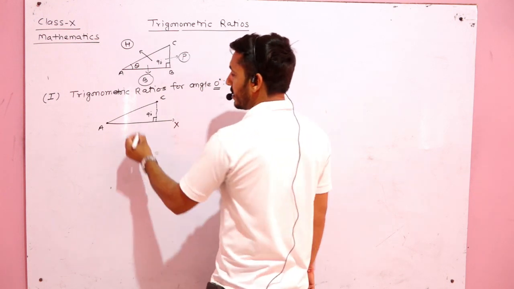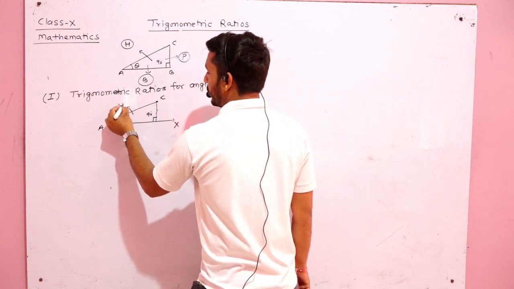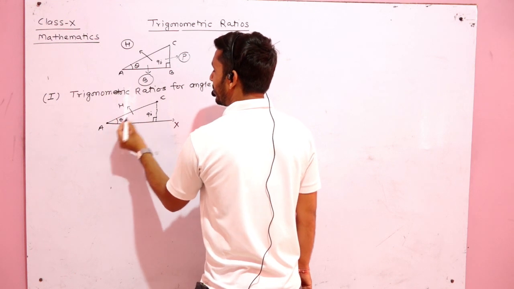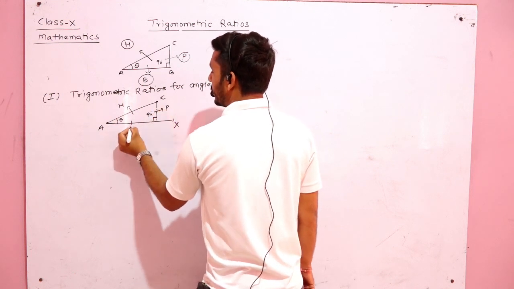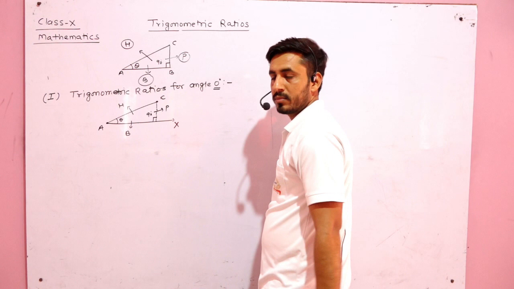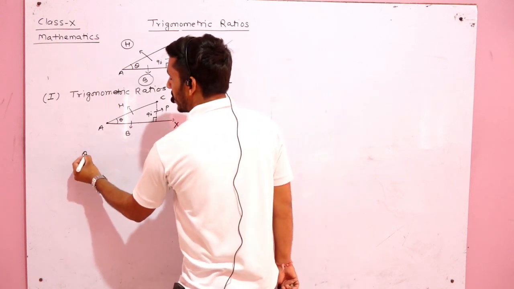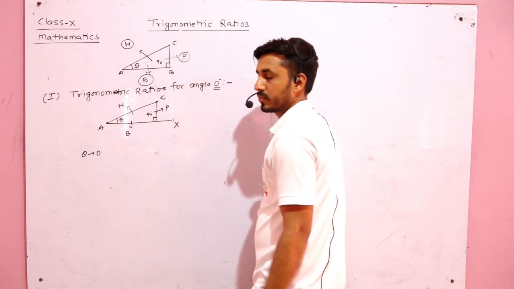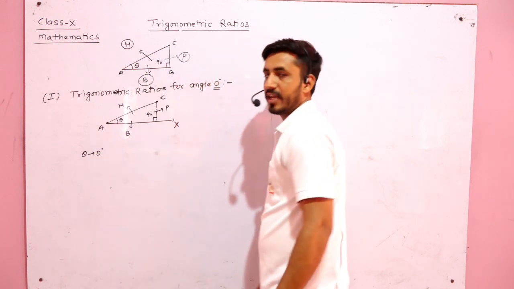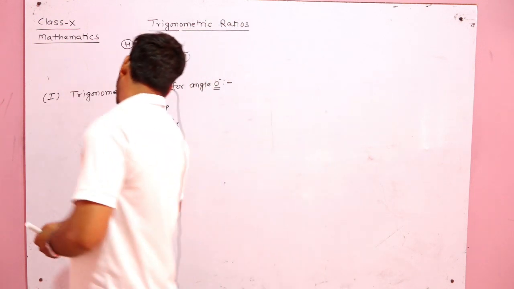In this condition this will be H, for this angle theta this will be P, and this will be B. If I am moving theta tends to 0, you can see directly here what I am doing.